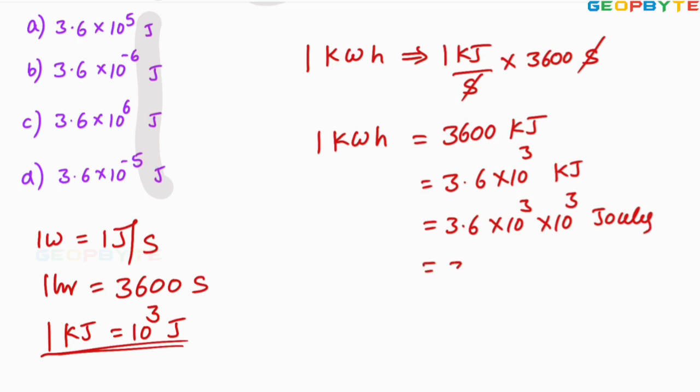Finally, it is 3.6 into 10 raised to 6 joules. So 1 kilowatt hour equal to 3.6 into 10 power 6 joules. Therefore, look at option C. Option C is absolutely correct. I hope you got my point. Let us take the next problem.